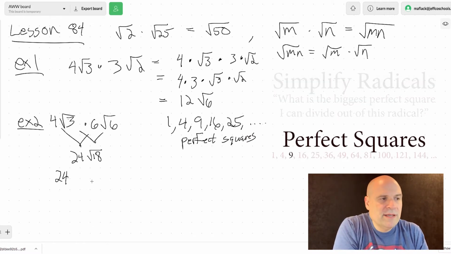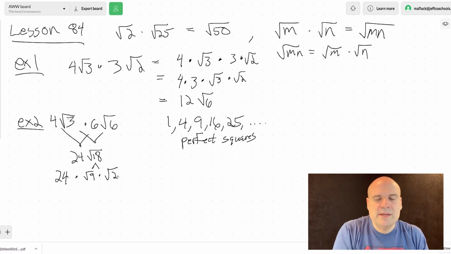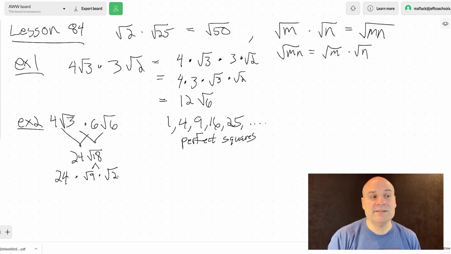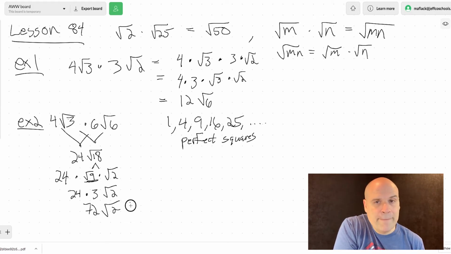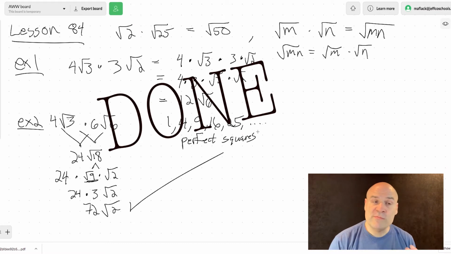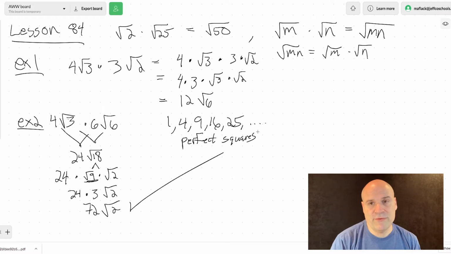Here's what it's going to look like. 24 times radical 9 times radical 2, since 9 times 2 is 18. Why did we do that? Because now we can simplify this part right here. So this is just 24 times 3 times the square root of 2. Multiply that out, 72 radical 2, boom. So after you multiply everything together, make sure your radical is simplified. If not, simplify it. Good?